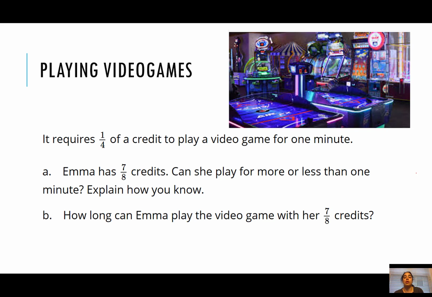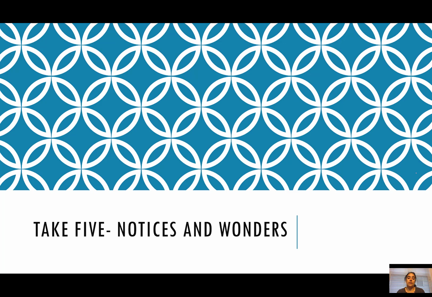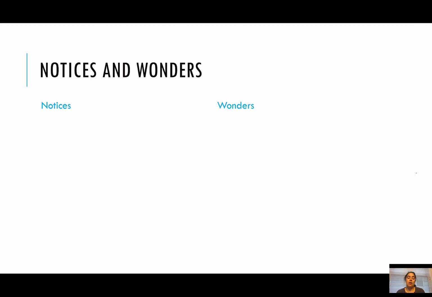Right now, I would like you to pause and take 5 minutes and write down everything that you notice and wonder. All right, here are some of my notices and wonders about this problem.